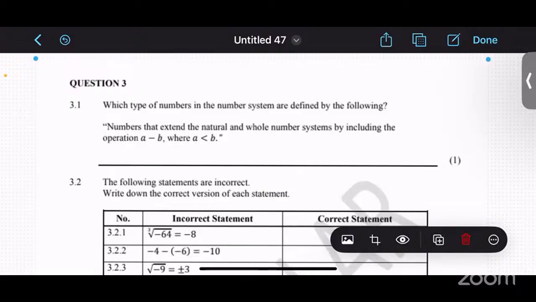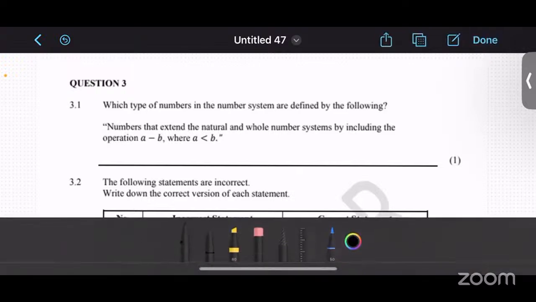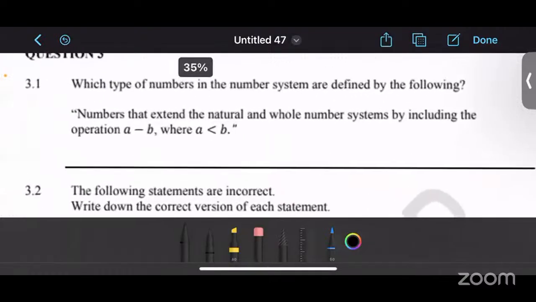Do you understand that statement, guys? So basically what they're saying here is the numbers that extend the natural number and the whole number system by including the operation a minus b, where a is less than b. Let's pick a number.